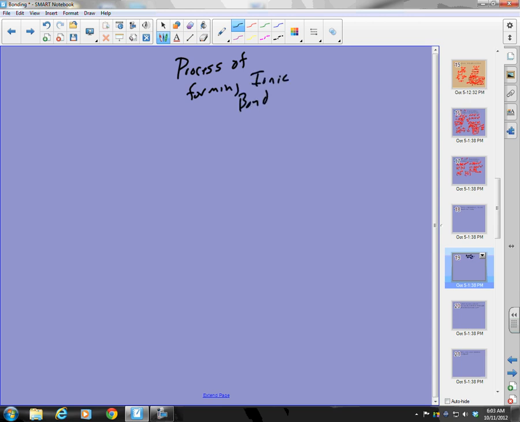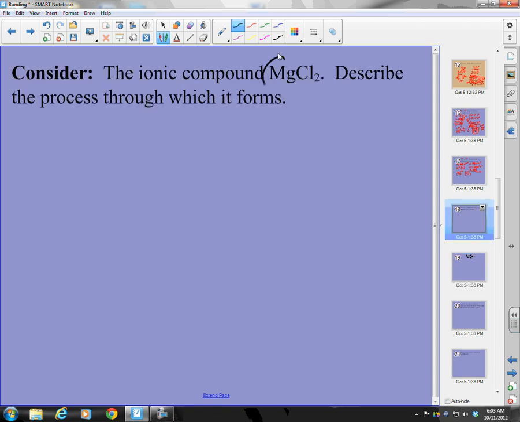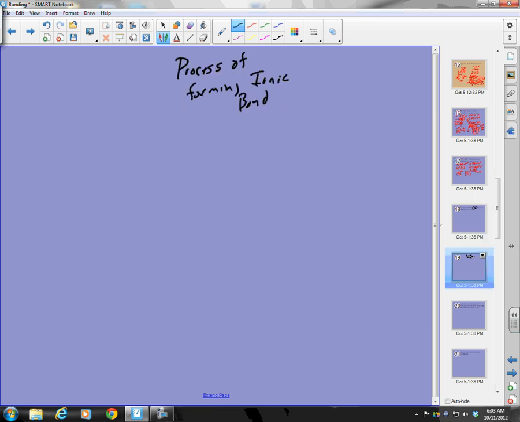Let's start by looking at the orbital notation for magnesium and chlorine. So magnesium, we just said, is what? Neon. So here's magnesium. It has a neon core.